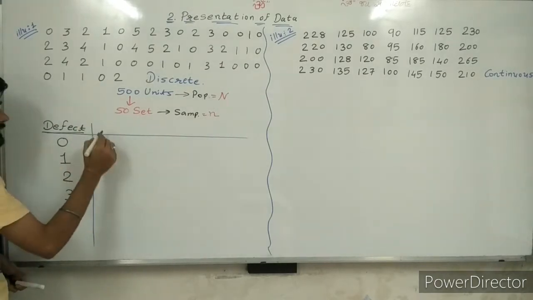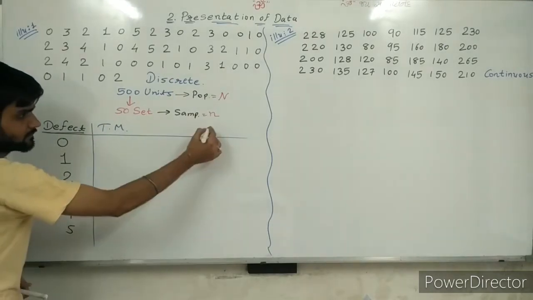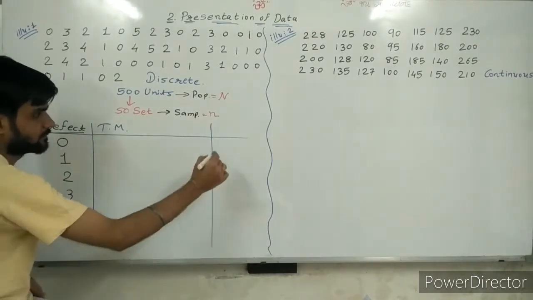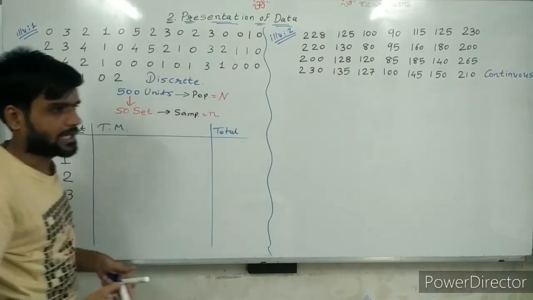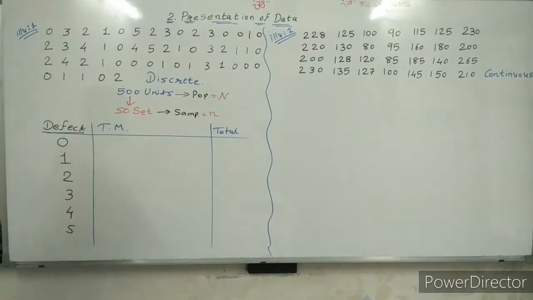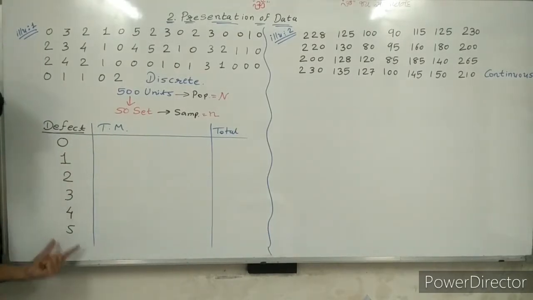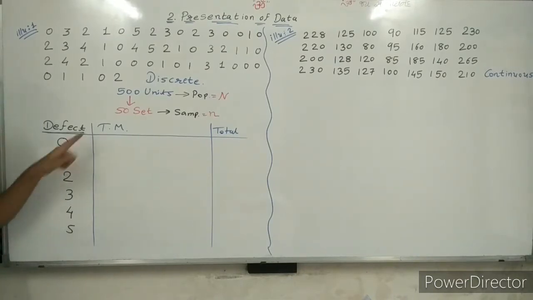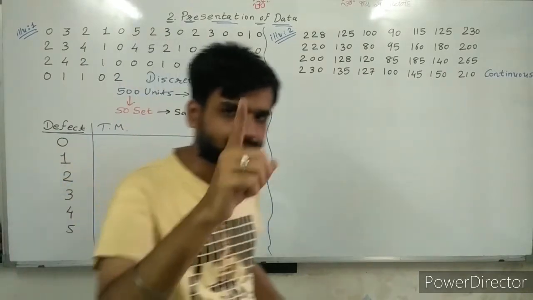Now here the tally marks, and here the total of tally marks. So number of defects 0, 1, 2, 3, 4 and 5. Now how are we making tally marks?